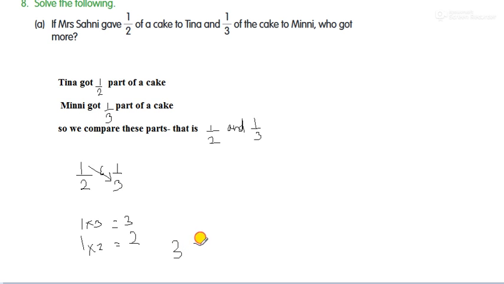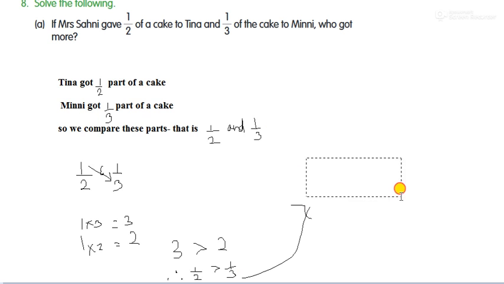So therefore 1/2 is greater than 1/3. So hence, Tina got more.